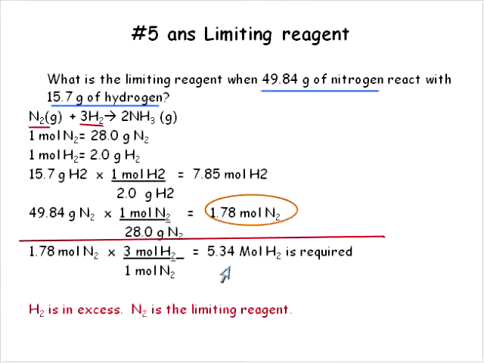So this is required, and this is what we have. So hydrogen is in excess. And therefore the nitrogen is the limiting reagent. We compare this with this. This is what we need, this is what we have. We have a lot more than we need, so nitrogen is the limiting reagent.